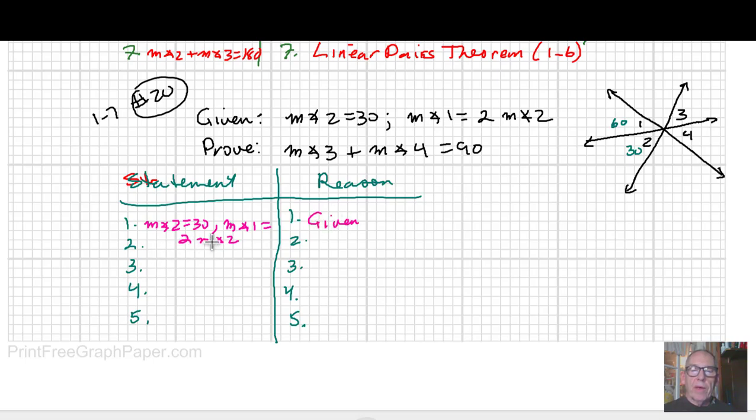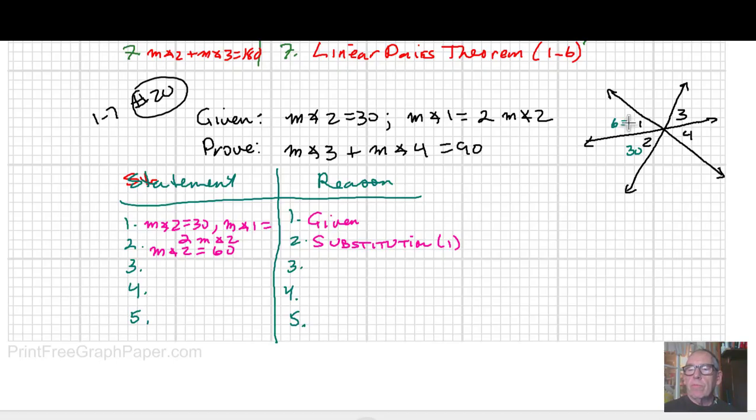So from that, we can say that measure angle 1 equals 60, and this is a substitution. What we did was we substituted twice 30 into there and got 60. It's a substitution using step 1, which is our givens. So we got measure angle 1 is equal to 60.